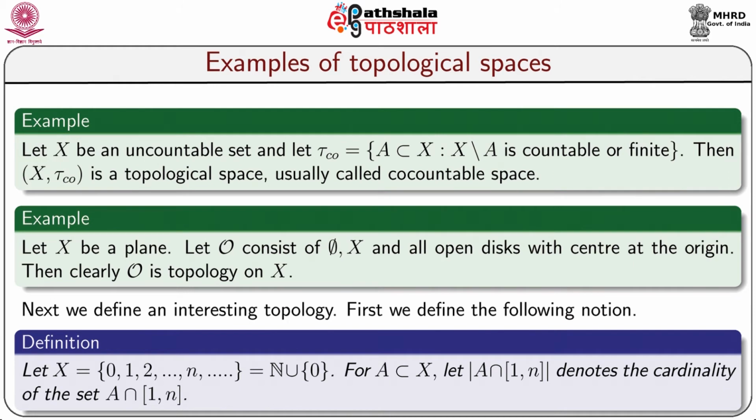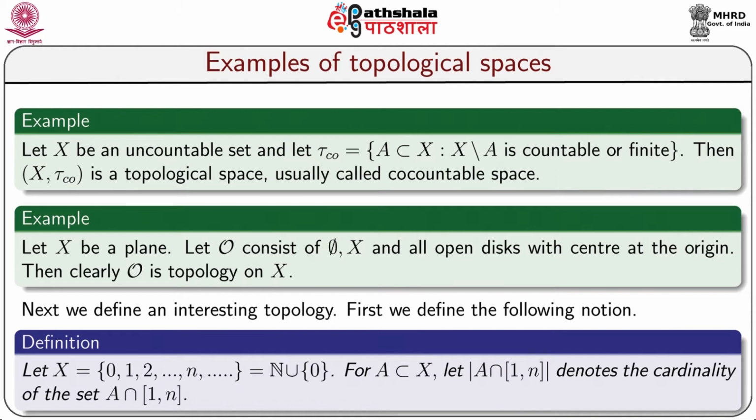This is a generalization of the previous example. There we talked about the cofinite topological space. Now I am talking about the co-countable topological space. For this, let us take a set with cardinality at least uncountable.